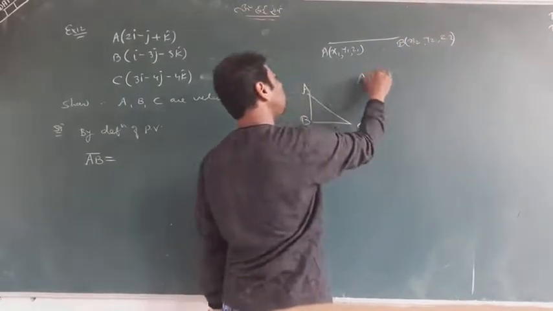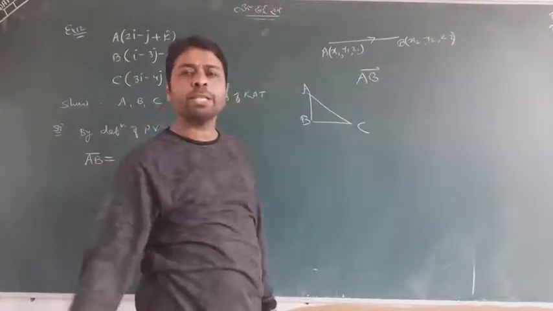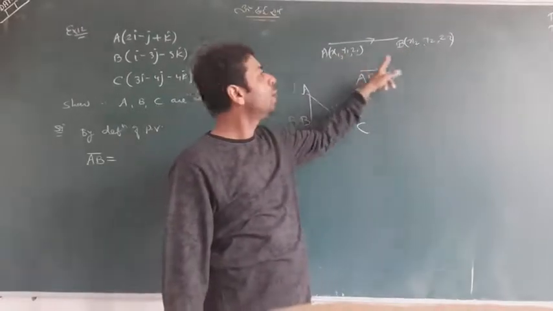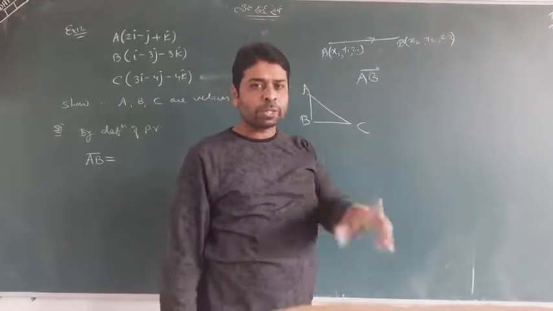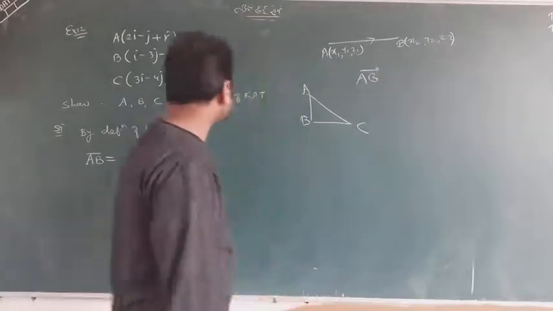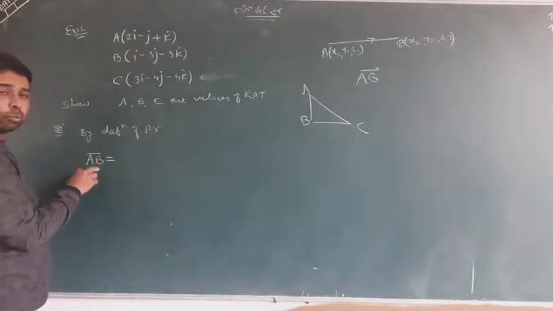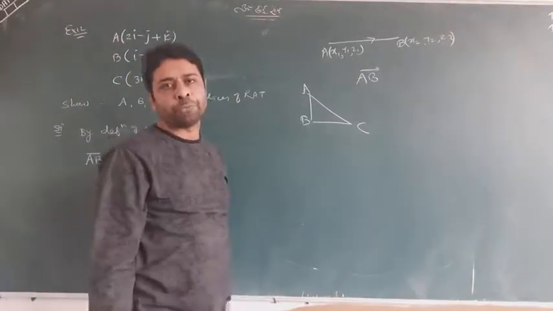And I taught you that the vector AB joining two points has a simple formula: x2 minus x1 i, y2 minus y1 j, z2 minus z1 k. That was the formula I taught you. So look at here, I'll use the same. This is AB. So the position vector of B minus, a few things I have to share with you.